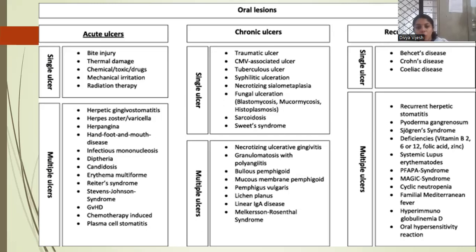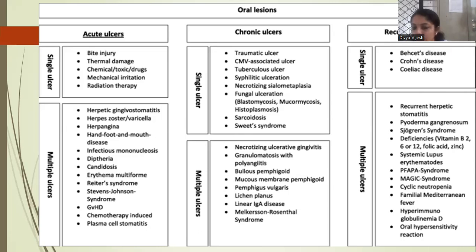Coming to single chronic ulcers, you can see traumatic ulcers, and most commonly tuberculous ulcer, CMV or cytomegalovirus associated ulcer, syphilitic ulceration, necrotizing sialometaplasia, and also fungal ulcerations such as blastomycosis, mucormycosis, histoplasmosis, and sarcoidosis.